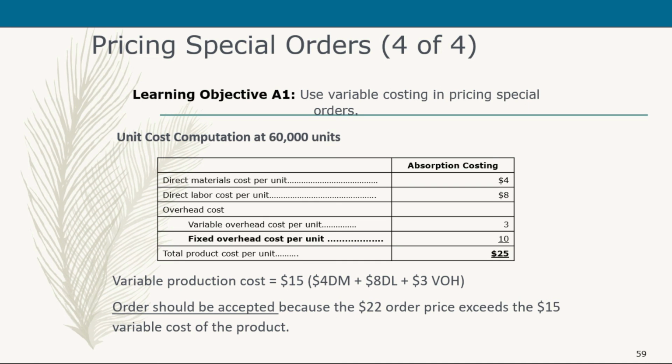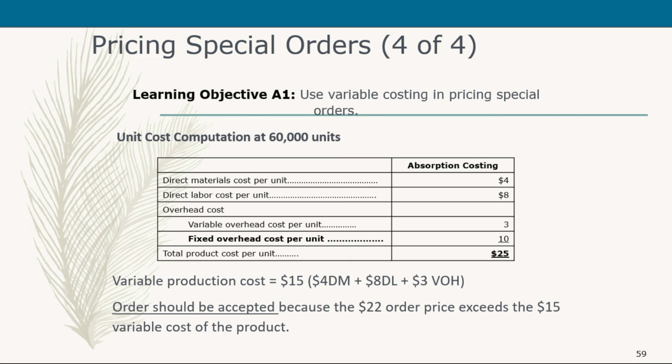So in this case, we have our variable production cost of $15, coming from the direct material cost per unit of $4, direct labor cost per unit of $8, and your variable overhead cost per unit of $3.